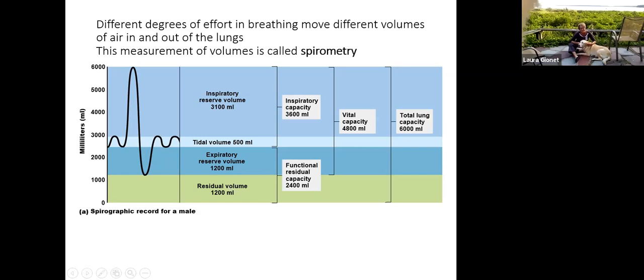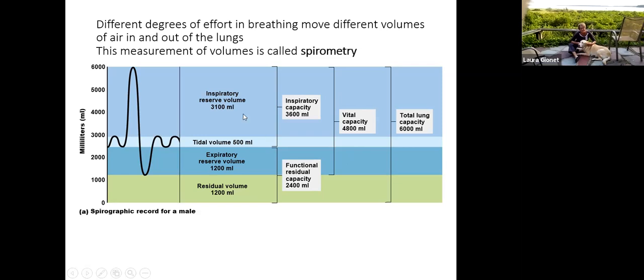The capacities are just using those different volumes in different combinations. Your total lung capacity, right over on the right-hand side, is that entire region of light blue and then the green on the bottom. That's your entire capacity of your lung. If we remove the residual volume, then we're talking about the vital capacity.